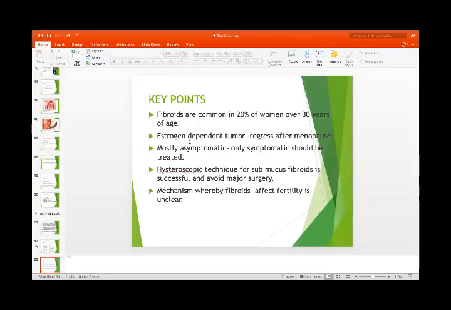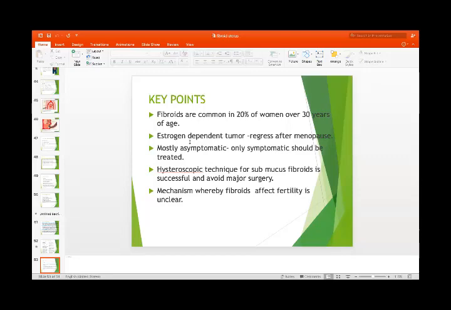Hysteroscopic technique for submucous fibroids is successful and avoids major surgery. The mechanism whereby fibroids affect fertility is unclear. Only if it is located at the tubal ostium and is blocking the tubal ostium, then it may be a cause of infertility.